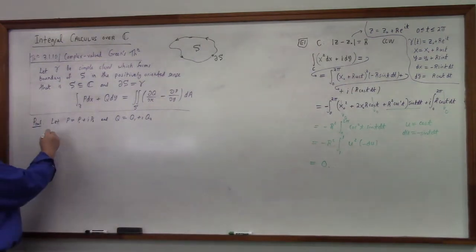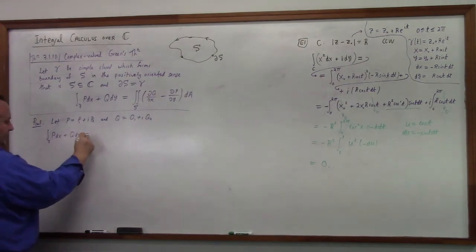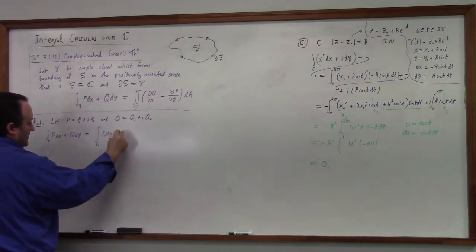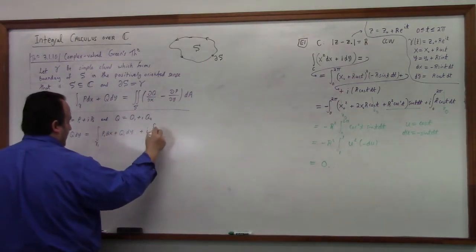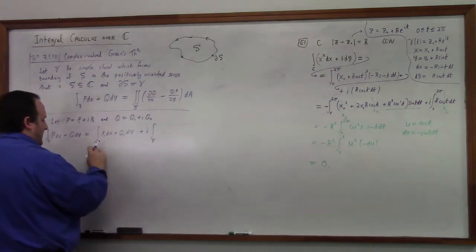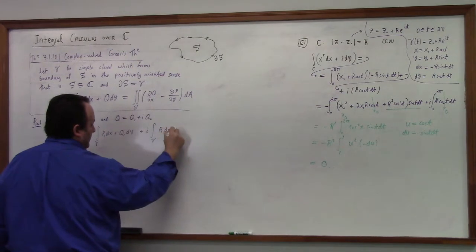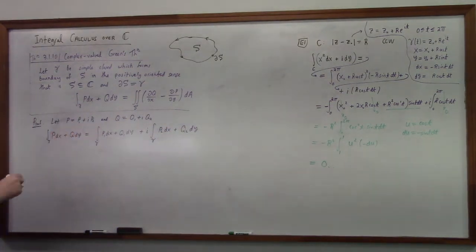So the integral of p dx plus q dy, what did we figure out? It was the integral over gamma of p1 dx plus q1 dy, plus i times the integral over gamma of p2 dx plus q2 dy, for those reasons over there.